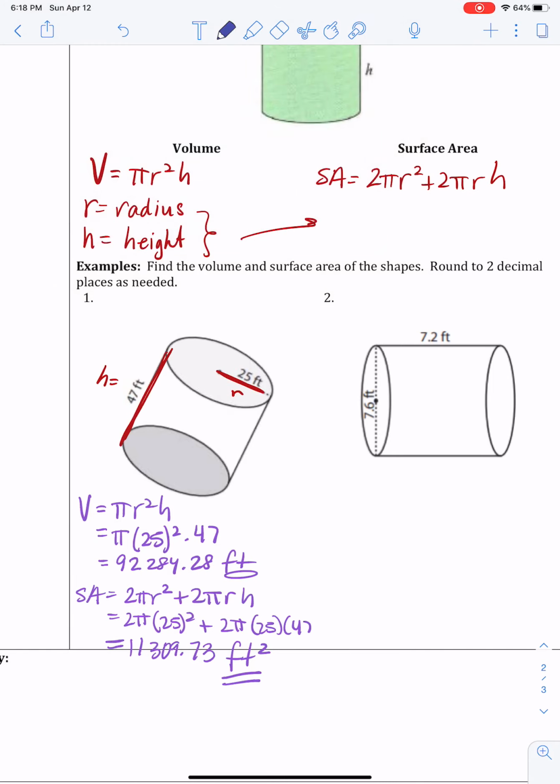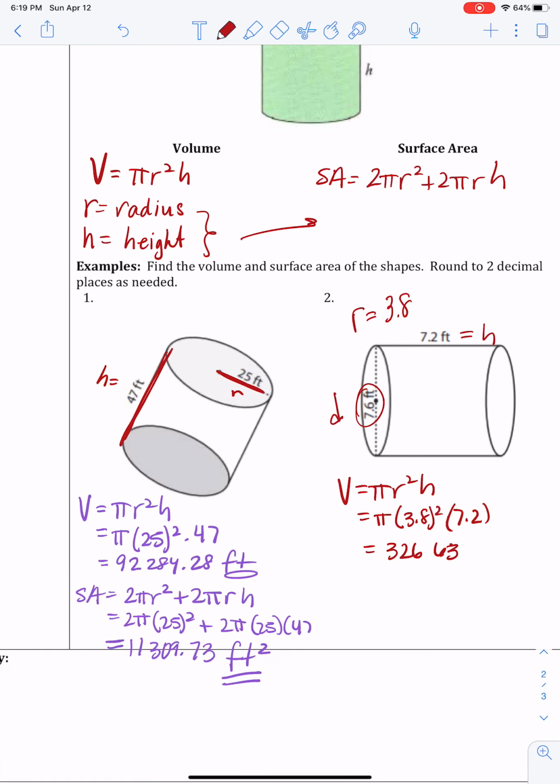For the last one, this number is the diameter. That means I need to know that my radius is 3.8, or half of that number. So volume, pi r squared h, here's my h, pi times 3.8 squared times 7.2 equals 326.63 feet cubed.